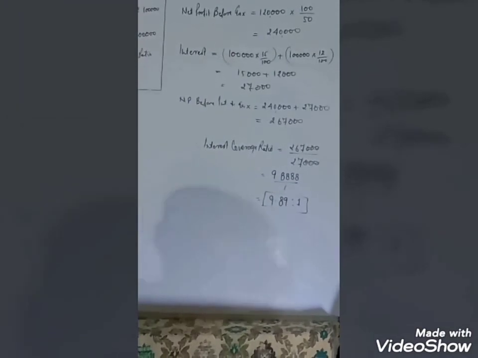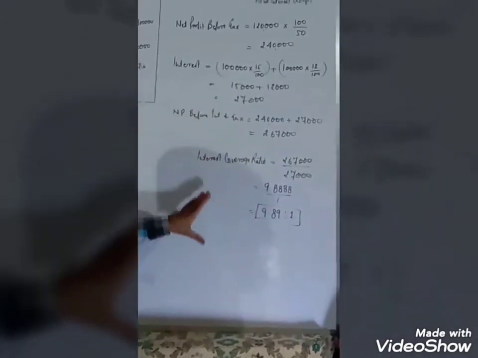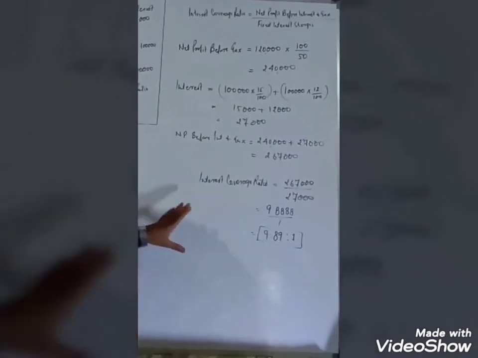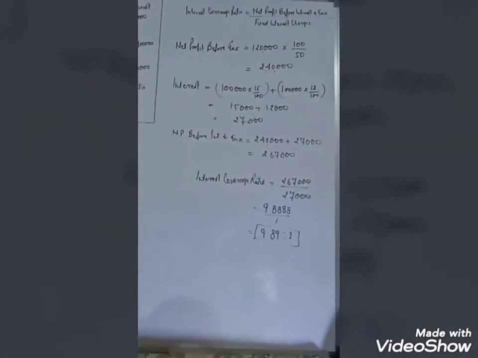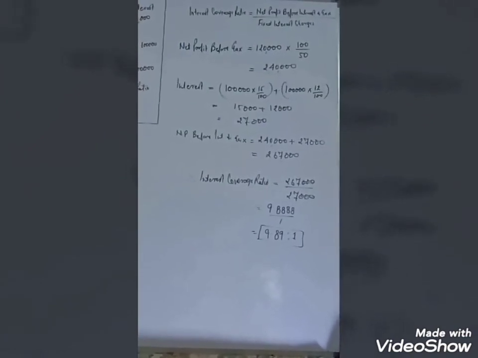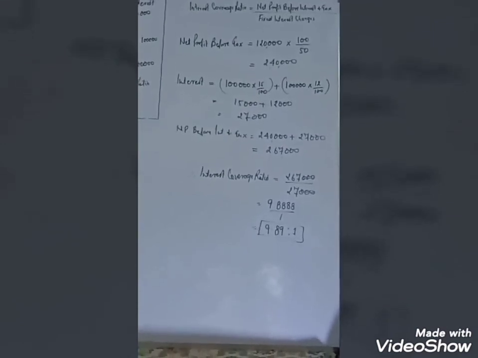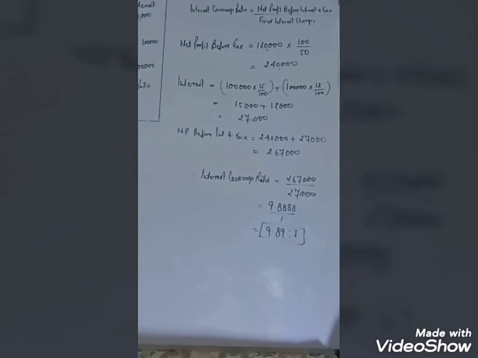The interest coverage ratio is 9.89 ratio 1, near about 10 times. Now an interest coverage of 6 to 7 times is considered appropriate. In this case, the actual interest coverage ratio of the company is nearly 10 times.